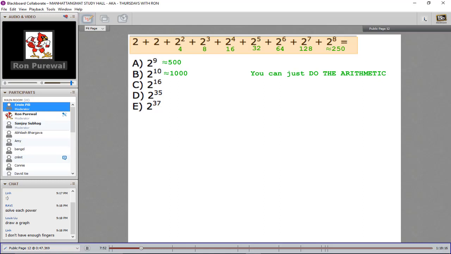These numbers are nowhere close to it. Because 2 to the 16th is going to be 1,000 times 2 six more times. So that's going to be between 50 and 100,000. So if you just do these approximate numerical values, it becomes really obvious that C, D, and E are way too big. There's no point in even trying to estimate these.